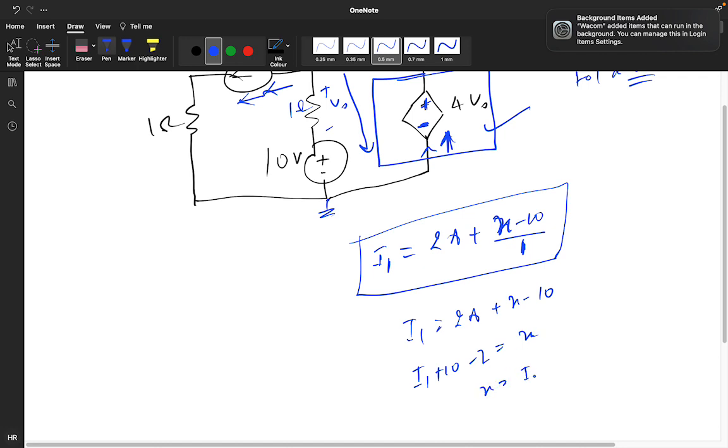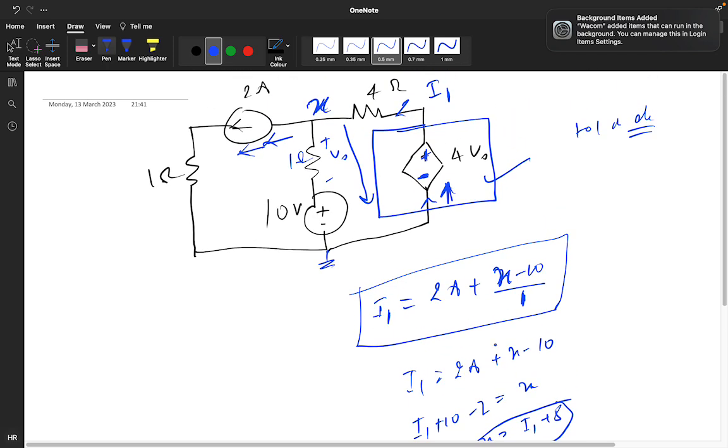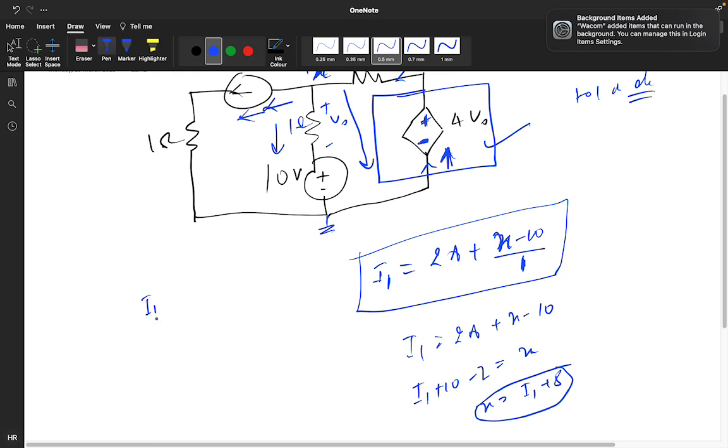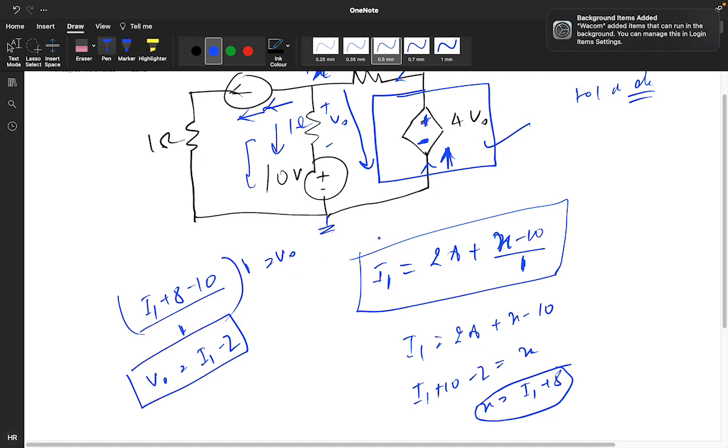So x will be I1 plus 8, right? If you know the value of x, what will be the current in this particular branch? I1 plus 8 minus 10, divided by 1. If you multiply this with 1, you will get the value of V0. So the V0 value is I1 minus 2.